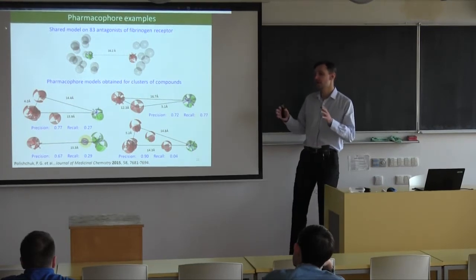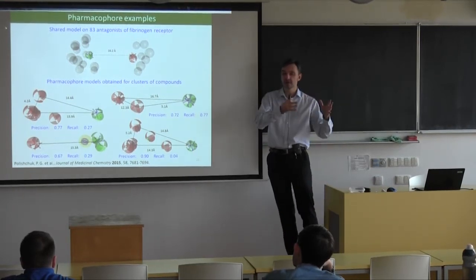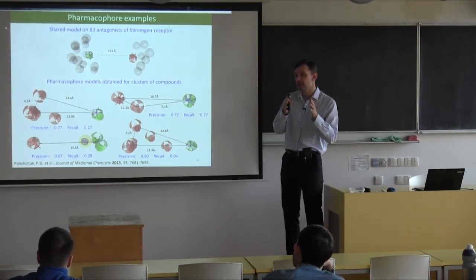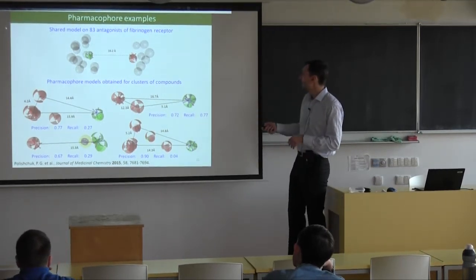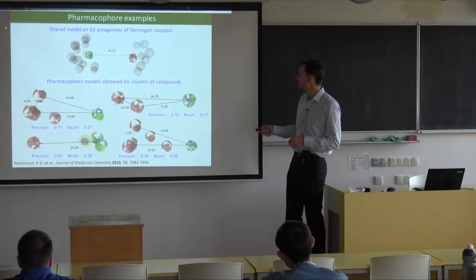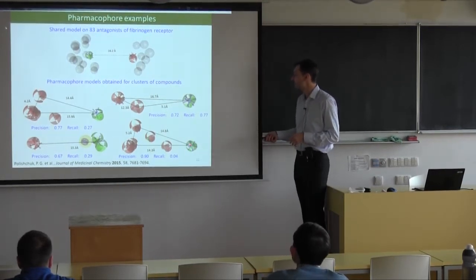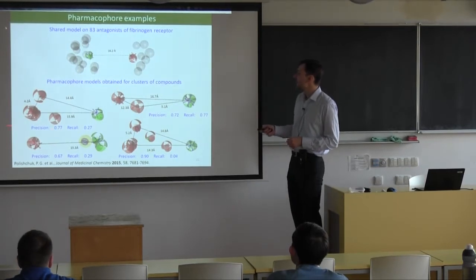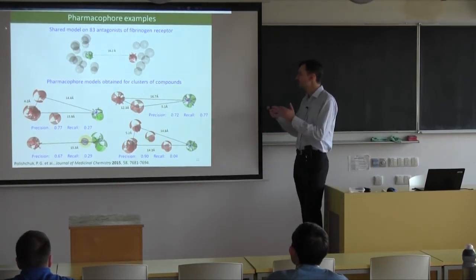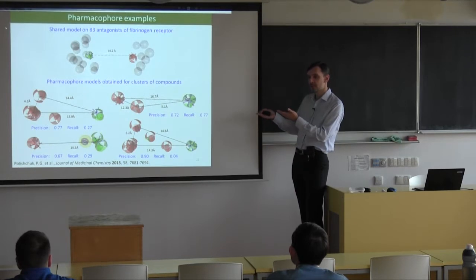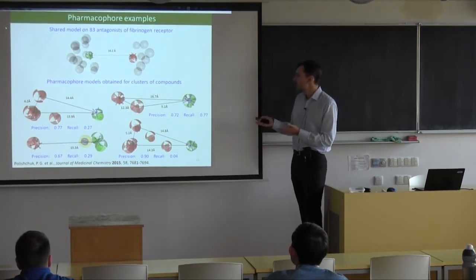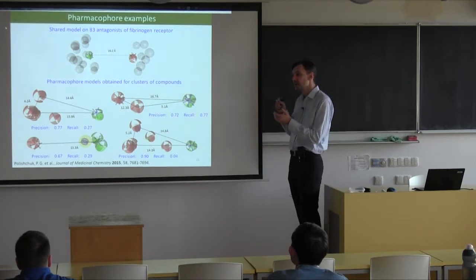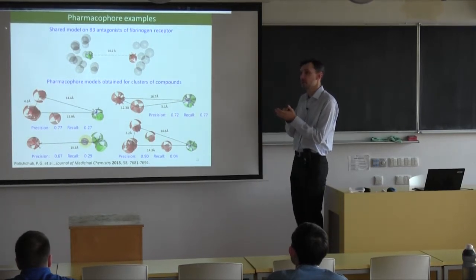All compounds, represented by their pharmacophores, were clustered, and for each separate cluster of compounds we built a ligand-based pharmacophore model. In this case, we obtained more complex pharmacophores having more than two features, and they already work. We validated them on an external test set and showed that they have quite nice precision and recall values, so they really define active compounds.